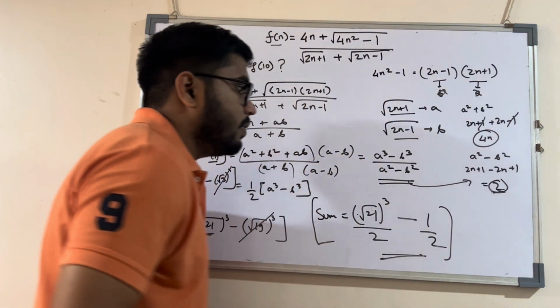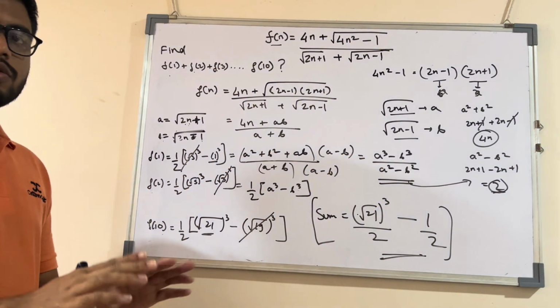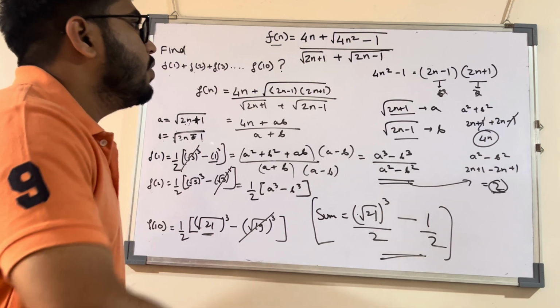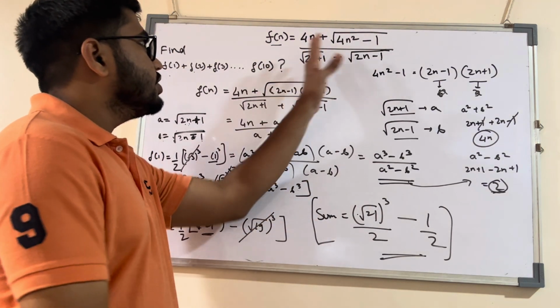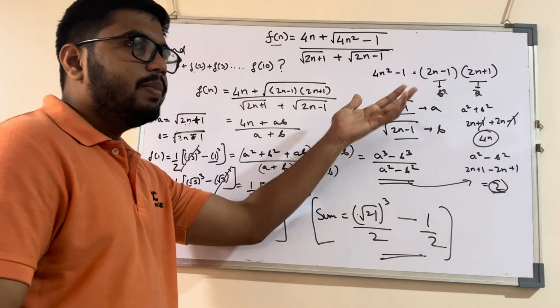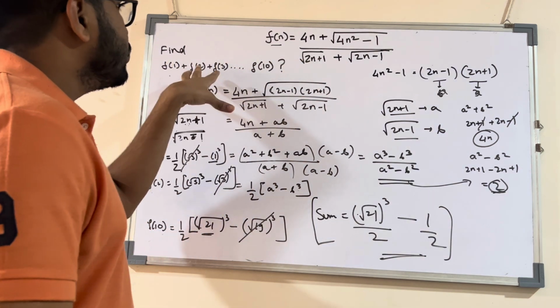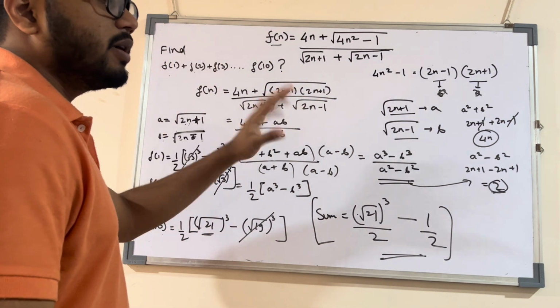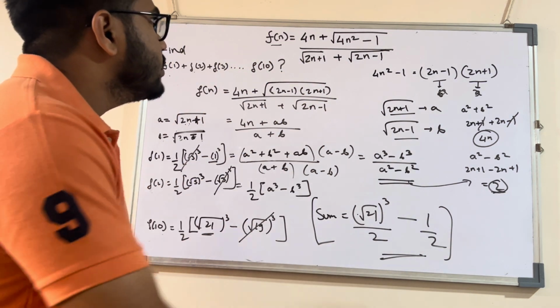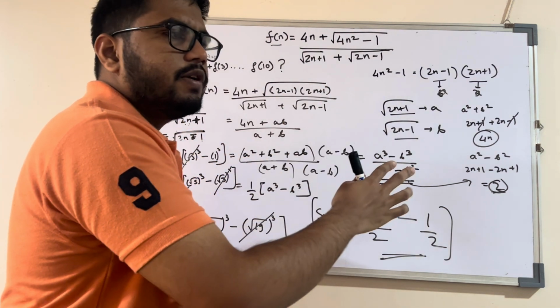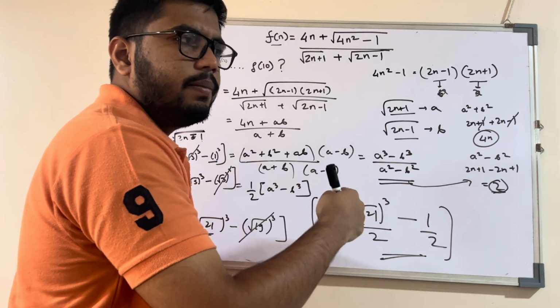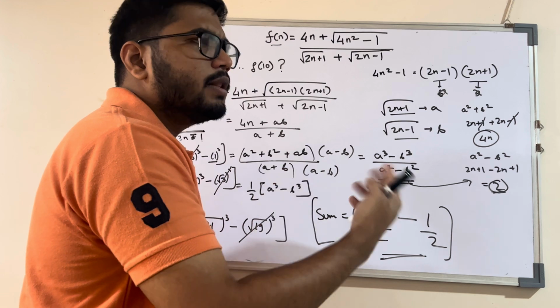Just to summarize the approach here: whenever you get a question with a function that is slightly bigger and they ask you to do some operation on it, like addition or subtraction, if the function is very small, you directly substitute values and see what pattern is formed.